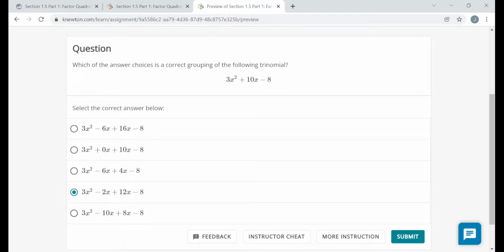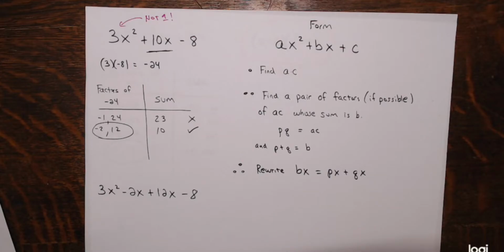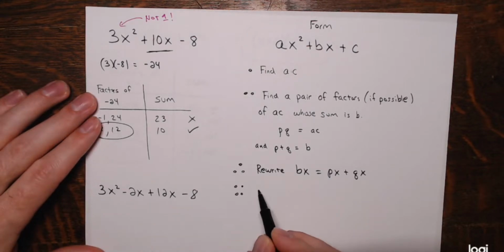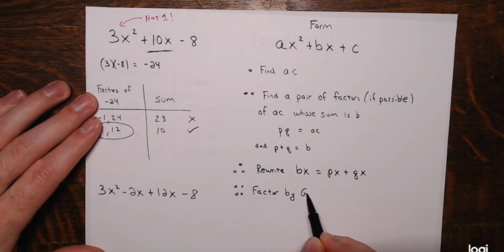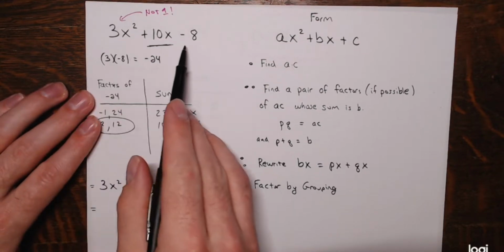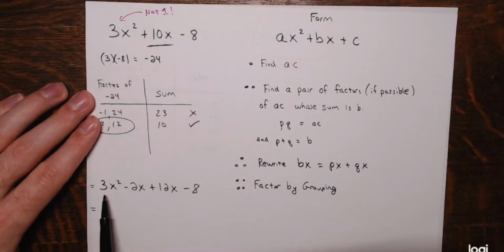But if you were to continue on, then you do something called factoring by grouping. It's pretty simple, I feel. You have this polynomial now. It started off having 3 terms. Now it has 4 terms, and you cut it in half.